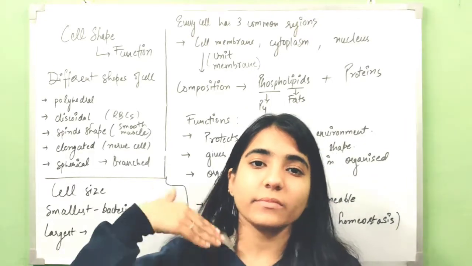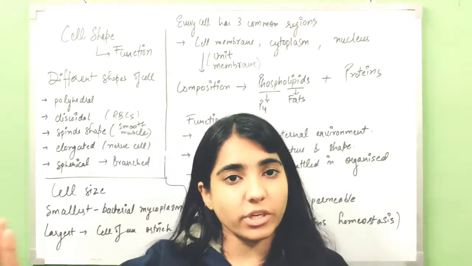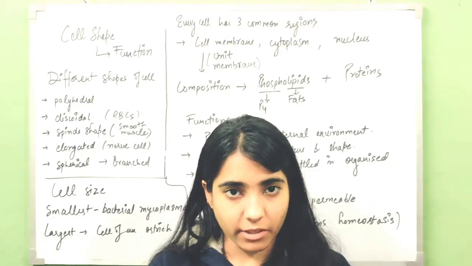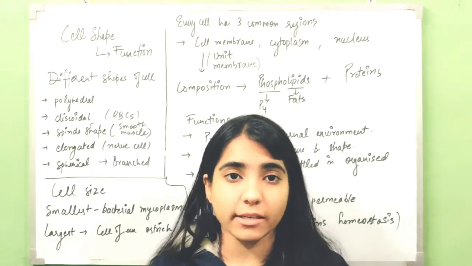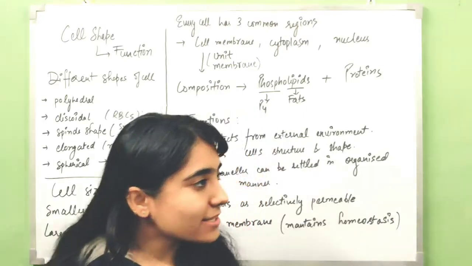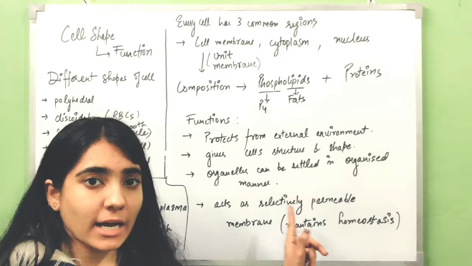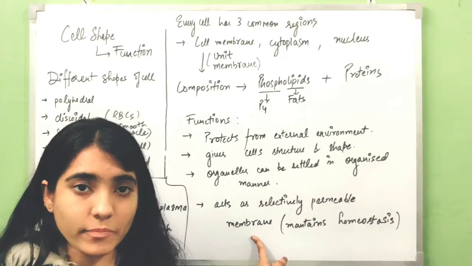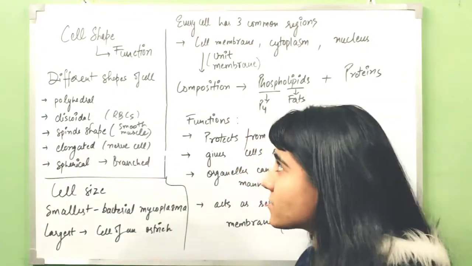The cell won't change its environment. So this condition is known as homeostasis, and this is achieved because the cell membrane has the property of a selectively permeable membrane. So now we'll revise what we have learned in today's class.